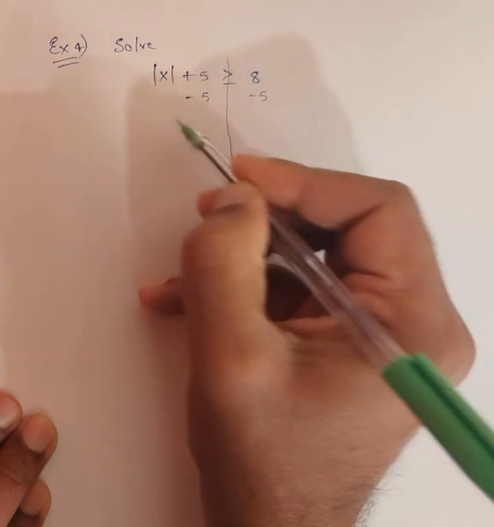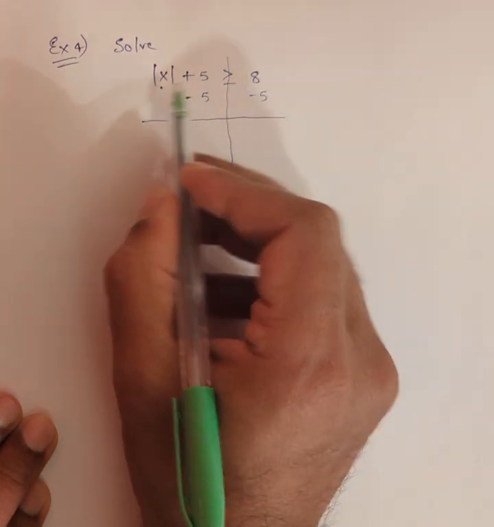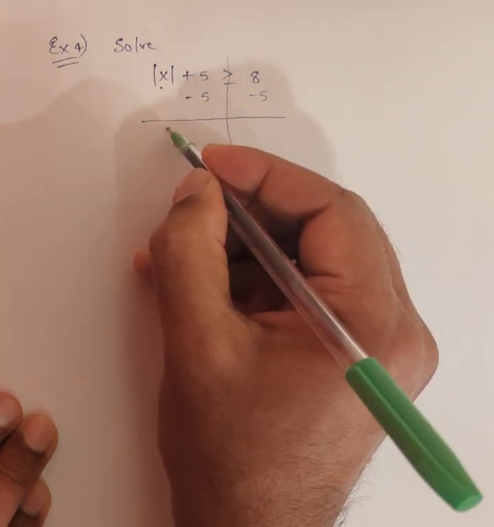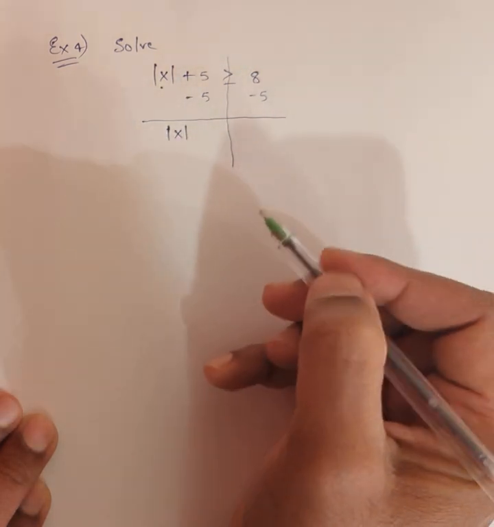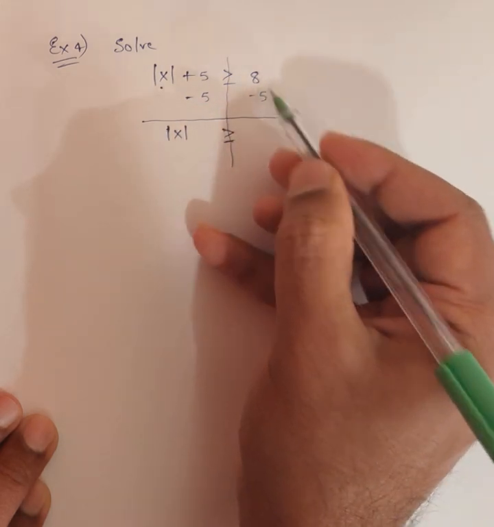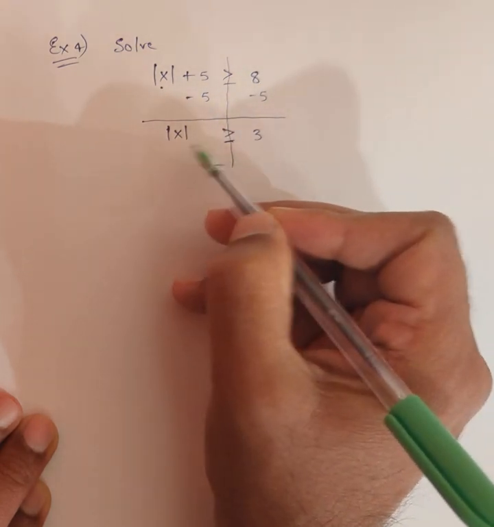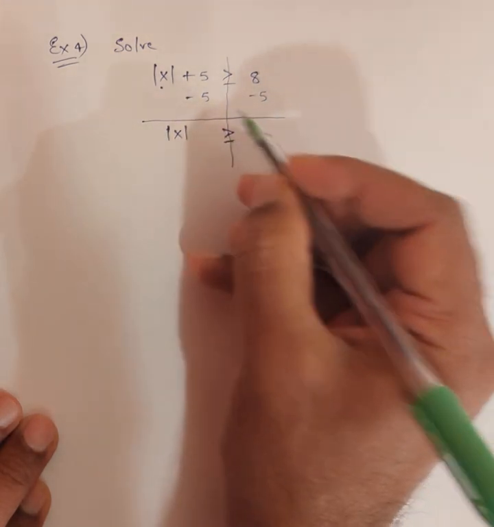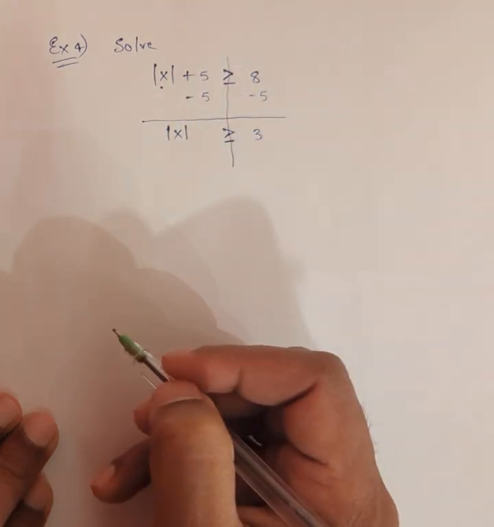And then the new inequality you get is absolute value of x plus 5 minus 5, which cancel each other out. So it's just absolute value on this side. And if I subtract 8 minus 5, I get 3. And subtracting 5 won't affect the inequality. Whatever inequality I had earlier, it would be the same.